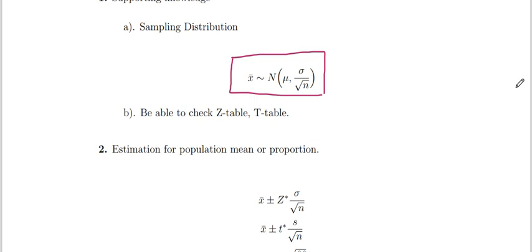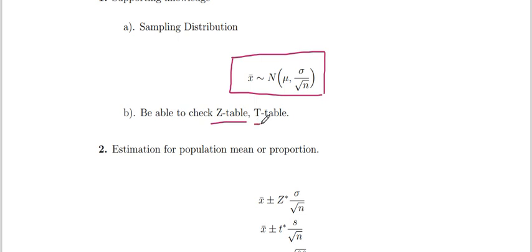So in this exam, we will rely on this normal table, the Z table, and we also have the T table, right? Because if we don't know sigma, we will have to check a T table.